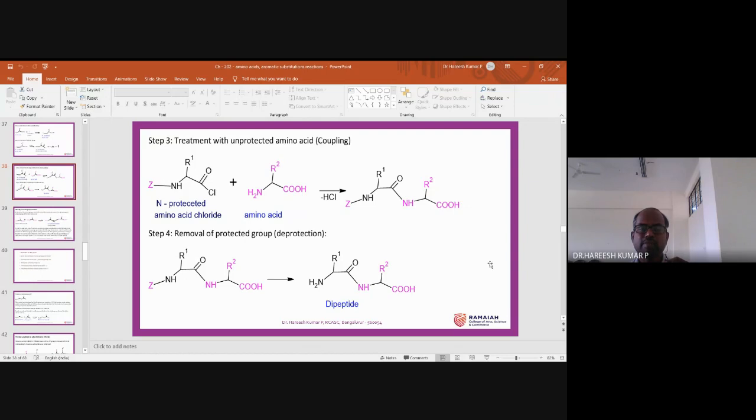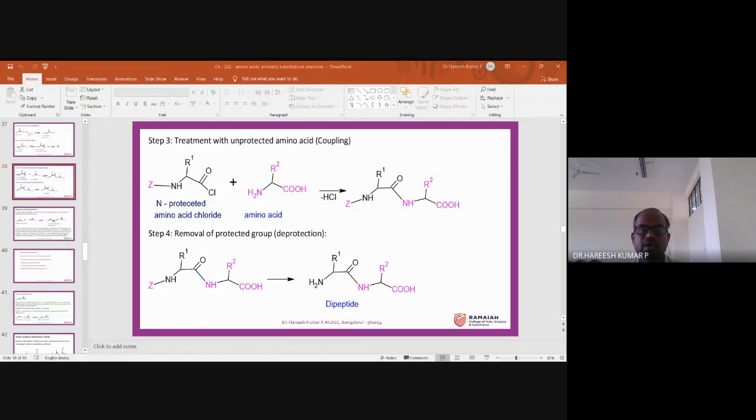Once the desired peptide is obtained, then you can go for deprotection. I will also explain the deprotection methods at a later stage. Overall, you should be aware that peptide synthesis involves blocking, activation, coupling, and deprotection. These are the steps involved in peptide synthesis.